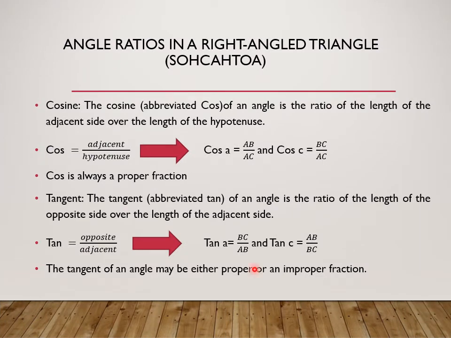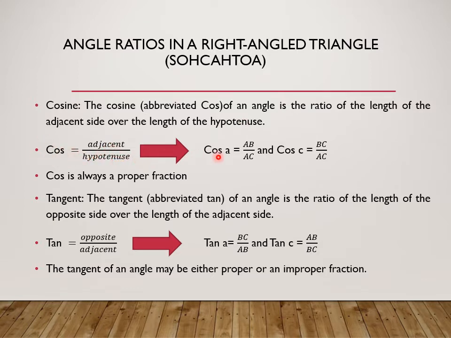We move to the next ratio, the cosine. The cosine, abbreviated cos, of an angle is the ratio of the length of the adjacent side over the length of the hypotenuse. So cos is adjacent over hypotenuse.